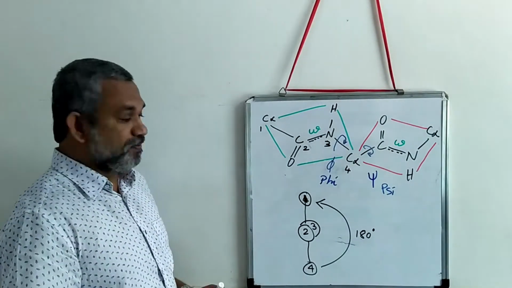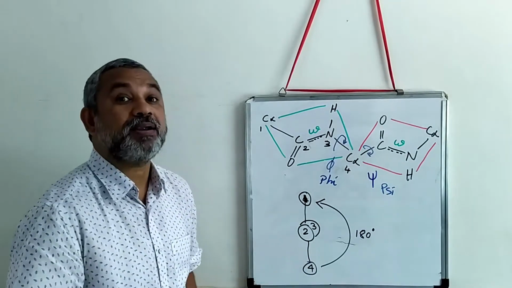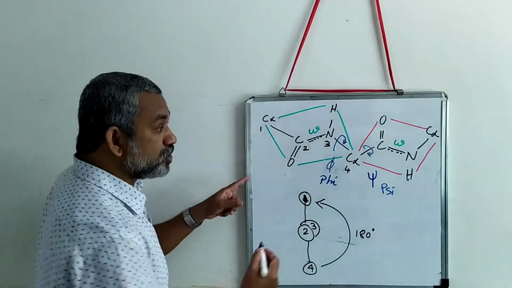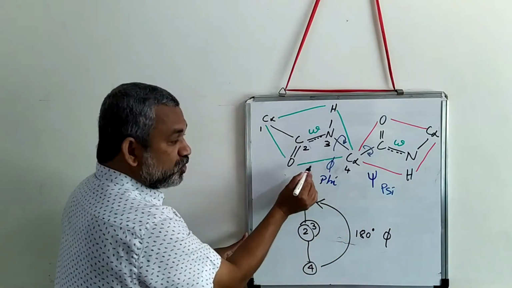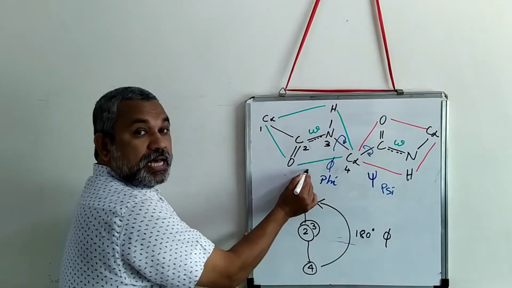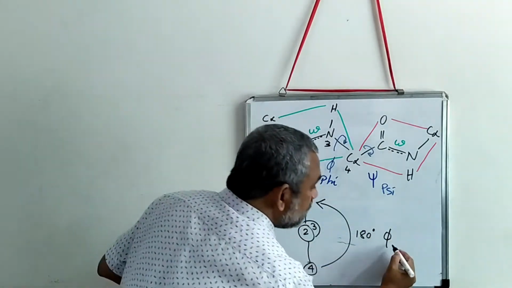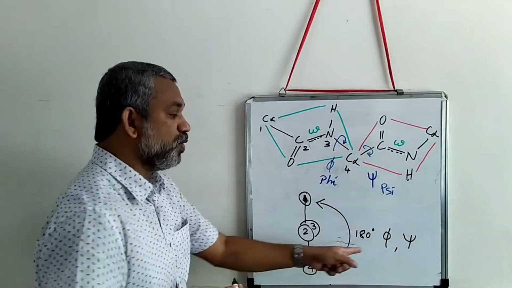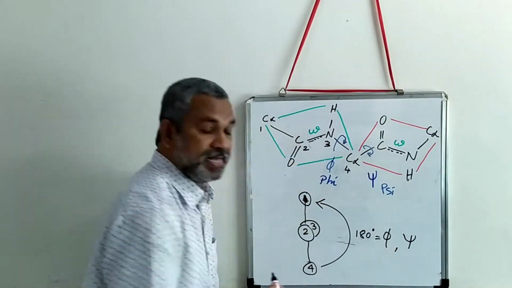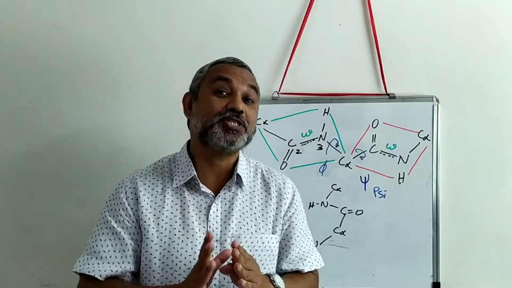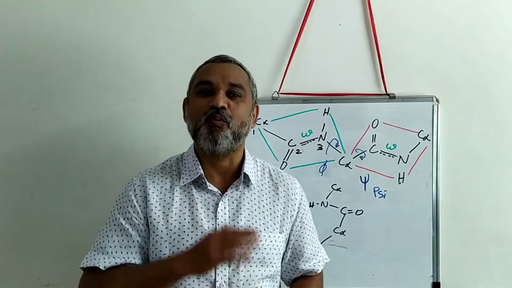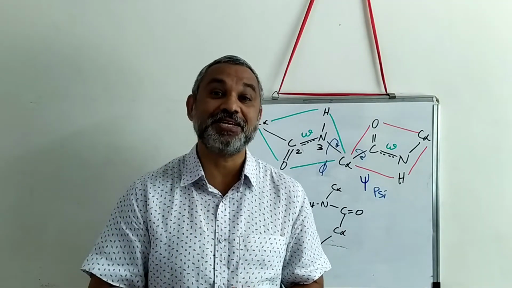It's the second possibility, and remember that this 180 degree angle is possible for psi; phi is shown as 180, and psi is also right now 180 degrees. We have learned that there are two possibilities for peptide bonds. One is a trans conformation.